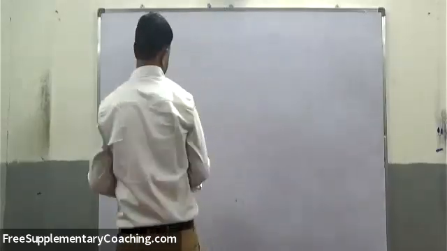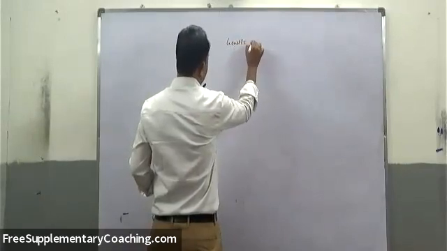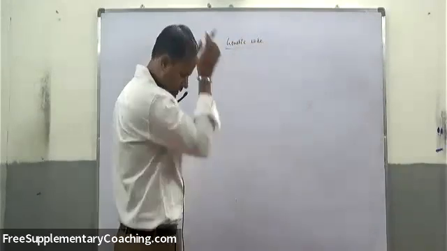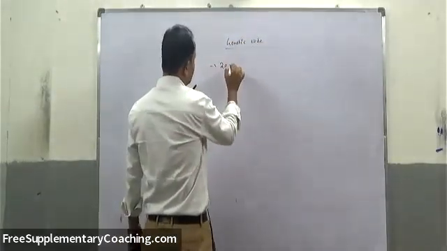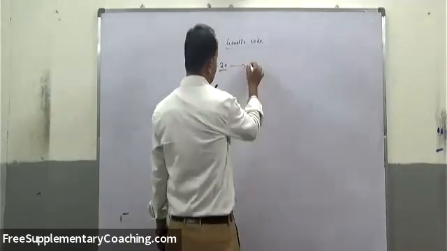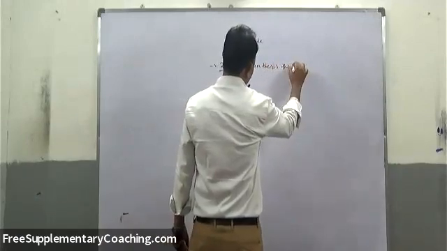Genetic code. Okay. In the genetic code, we have 20 amino acids. The 20 amino acids synthesize the proteins.